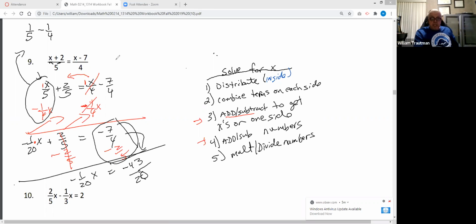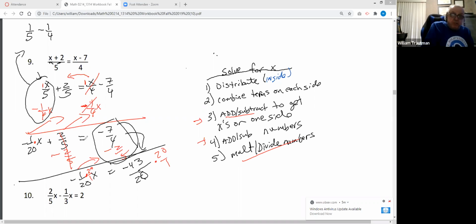Now I need to take the fraction to the other side, so x is by itself. It's a fraction in front of x. You multiply by its reciprocal, 20 over 1. So I'm multiplying this side by 20 over 1 and this side by 20 over 1. Now be careful. It's multiply and divide the number. So this is multiplying, but we're going to multiply its reciprocal.